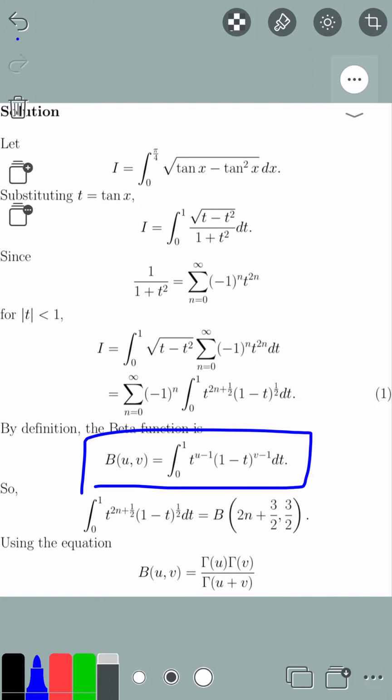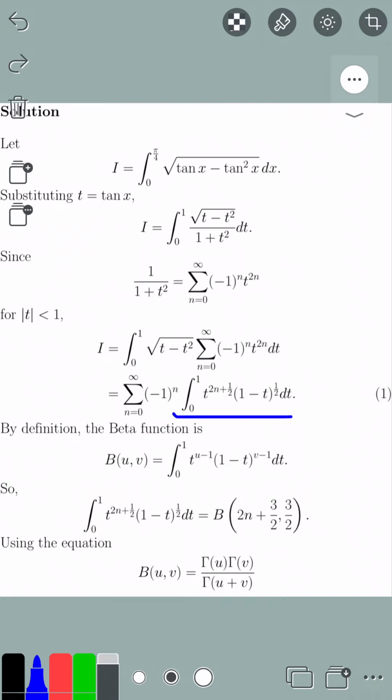Then the integral from 0 to 1 of t to the power of 2n plus 1 half times 1 minus t to the power of 1 half dt, using this definition of the beta function, is equal to the beta function of 2n plus 3 halves and 3 halves.